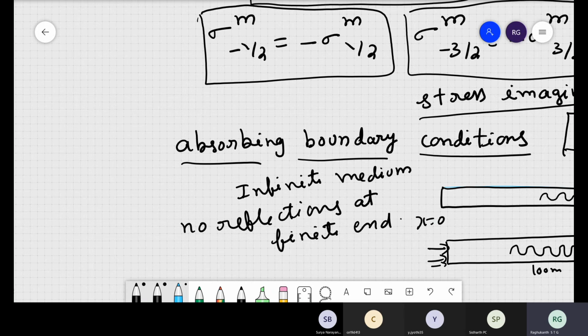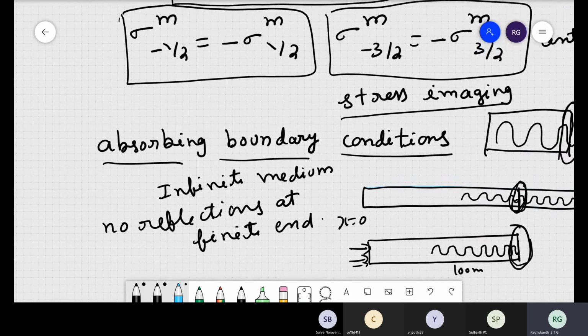Whether it should be free, fixed, simply supported, or whatever condition I should use here: stress is 0, or something else is 0, or something is continuous, such that no waves reflect back into the medium.